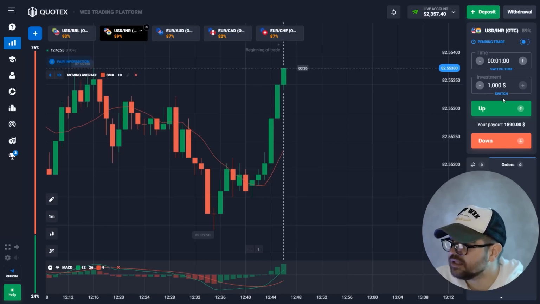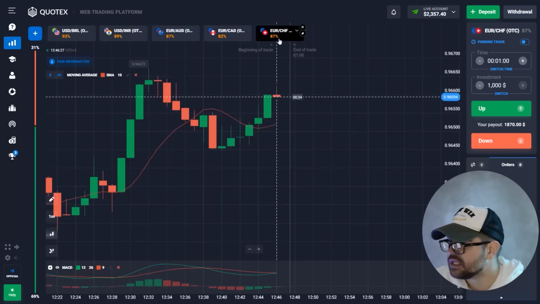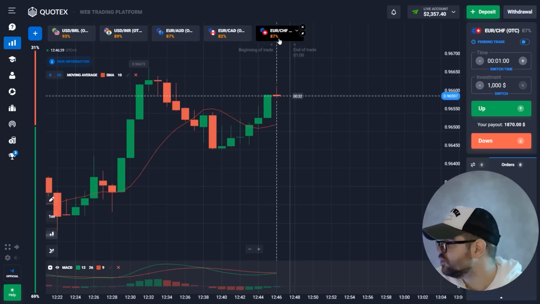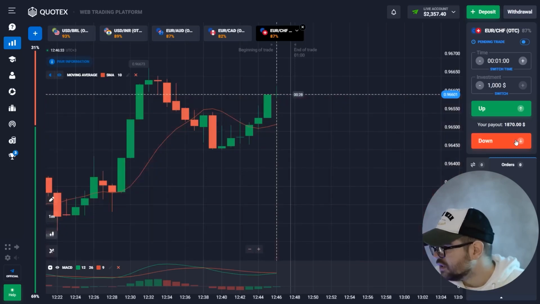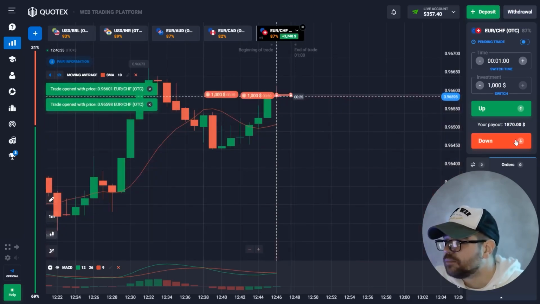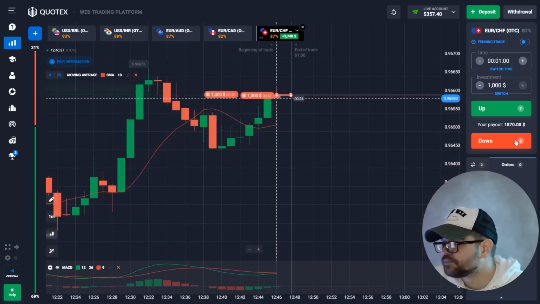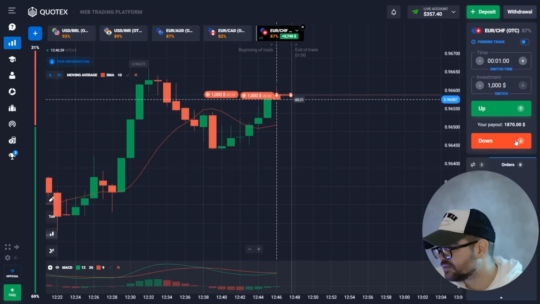Although, again, there is this resistance level that it has to break. So we're gonna go with the put option for 2,000.